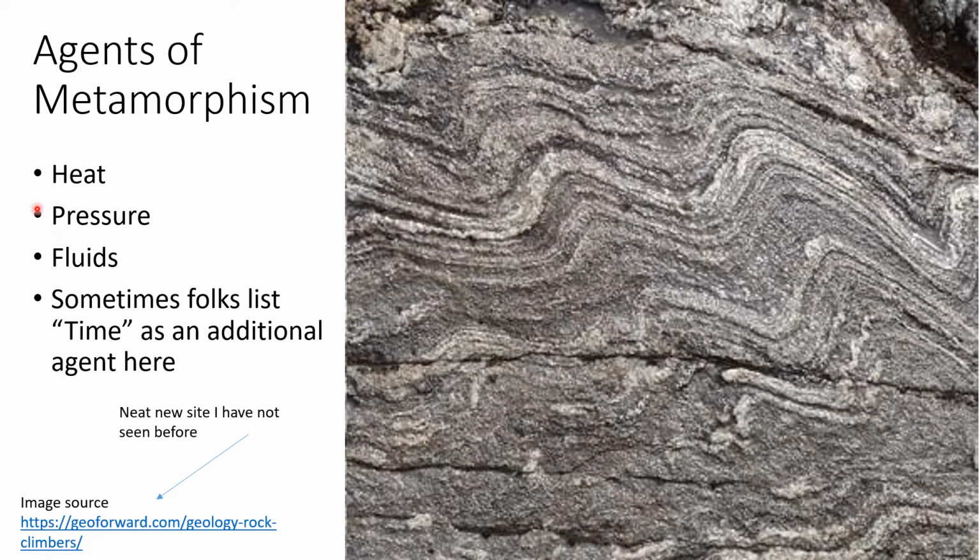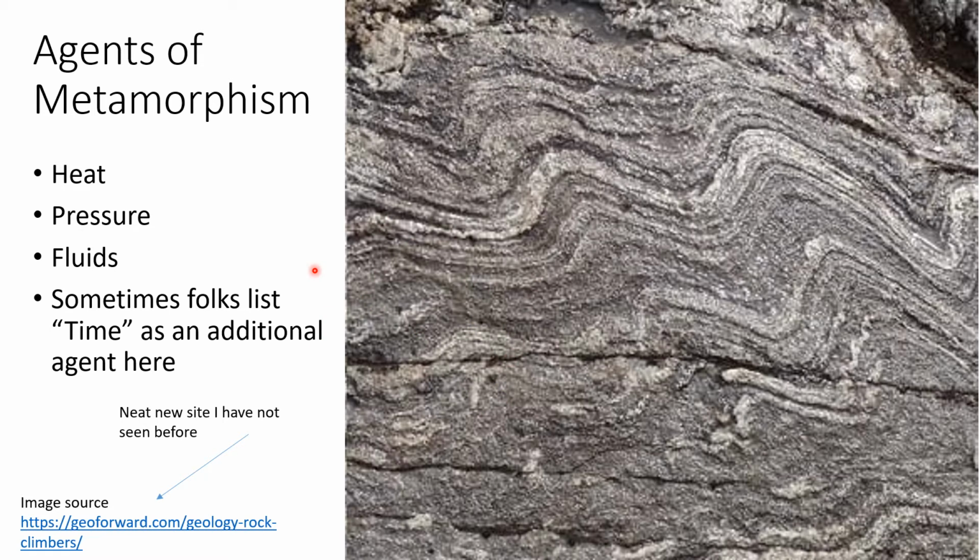Pressure, we're talking massive pressures here to change it. And then another way is that you introduce some really reactive fluids, and usually heat is involved with this. We're talking about hydrothermal alteration. You've got hot, maybe water-based fluids, sometimes other.